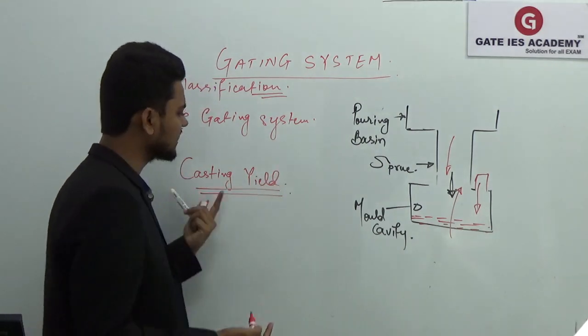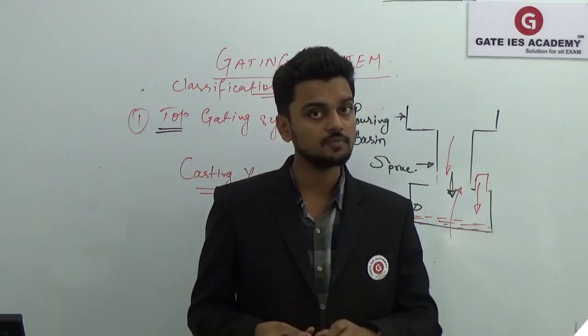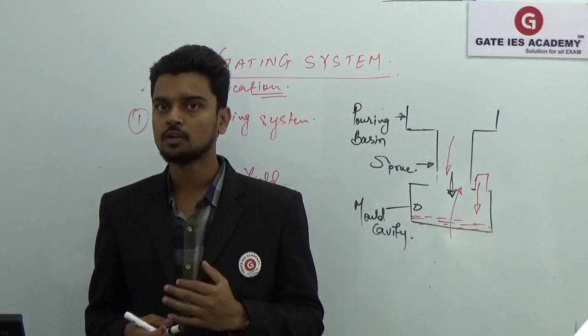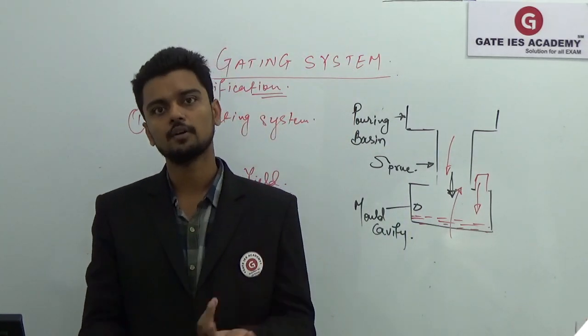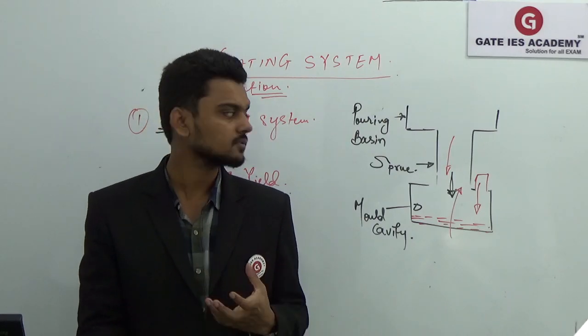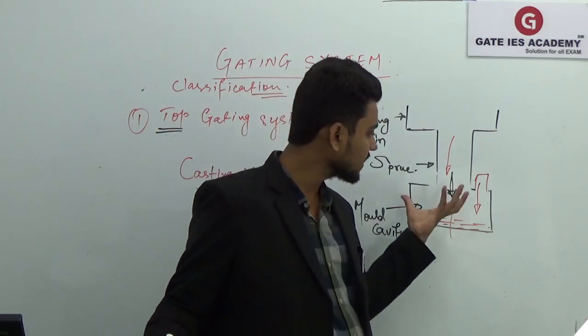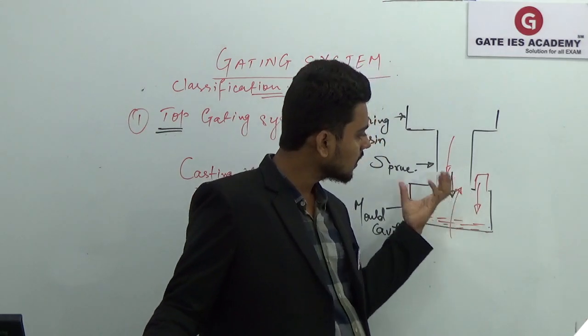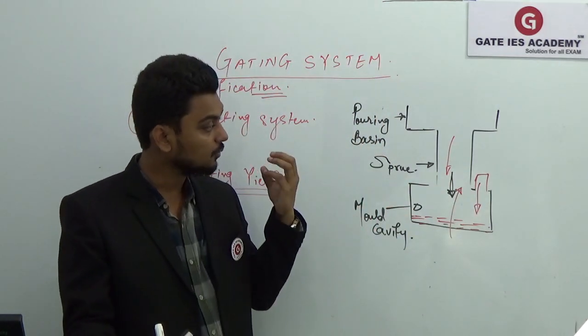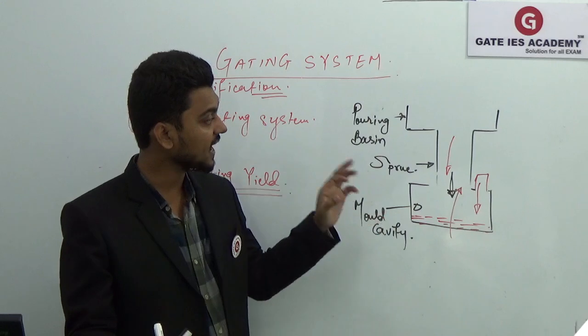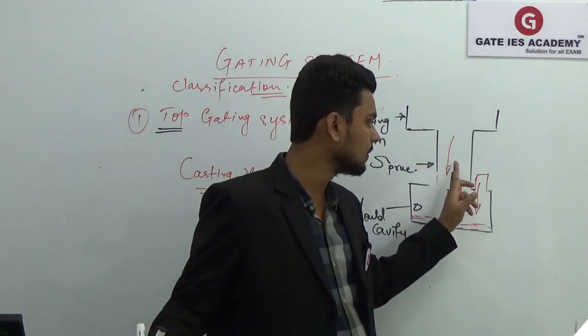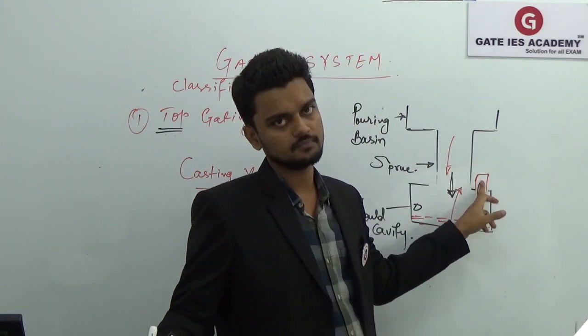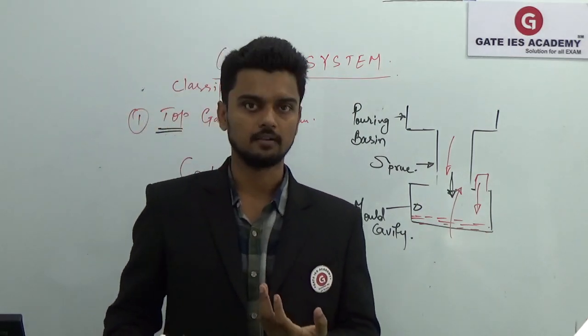So in the top gating system we are getting the higher casting yield. Casting yield means the weight of the casting upon the total weight of your molten metal. What I am trying to say is the weight of your casting plus the weight of the molten metal which has been solidified in your gating system and your riser. So that is the total weight of your molten metal.